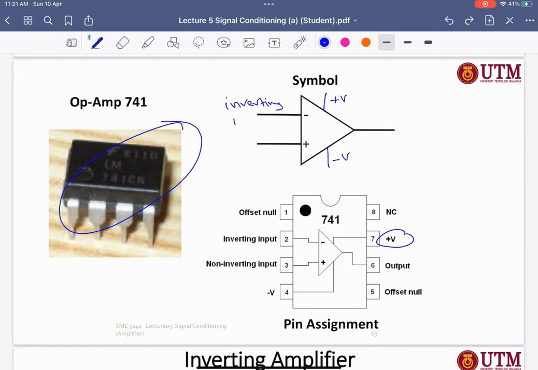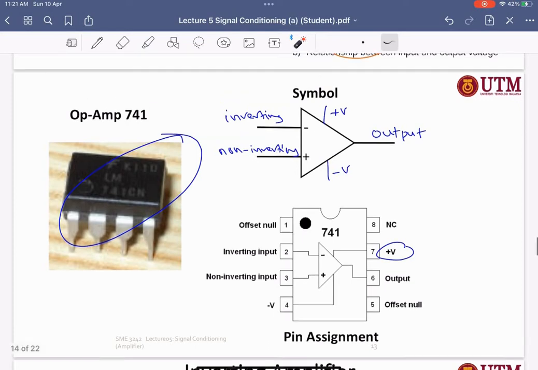So this one we call non-inverting. Okay, and then this is the output. All right. And then the offset null, normally we don't use this one. Okay, so we just need to have only this one and also the output here.